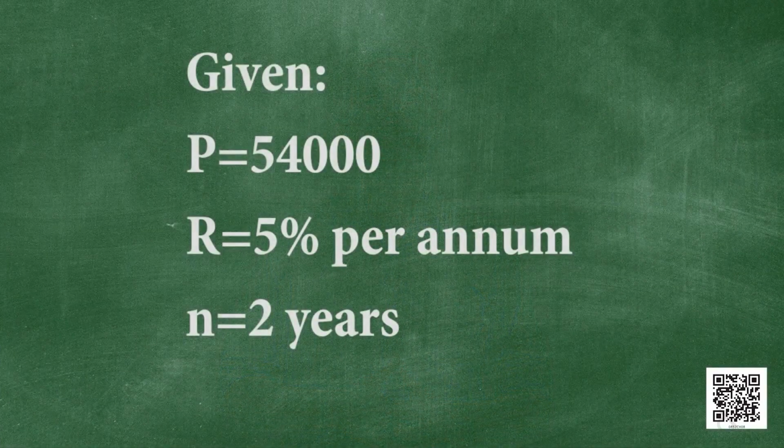So, every new year has a new population. So, this increment is in compounded form. Firstly, let us make a note on given data. It is given that principal is 54,000, rate is given by 5% per annum, and the number of years n is given by 2 years.